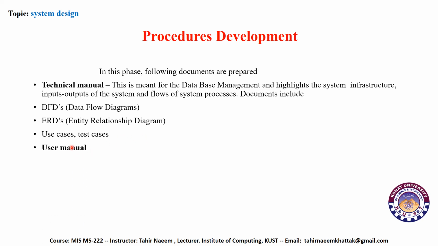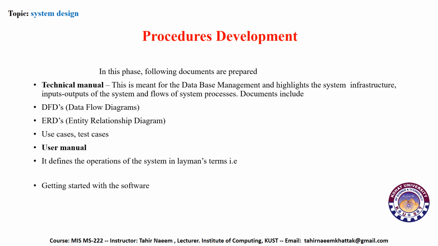After the technical manual, there is a user manual, which is basically for those people who are not very technical. It defines the operation of the system in layman's terms. It has detail of all the operations of the system in such a way that an ordinary user can understand it.